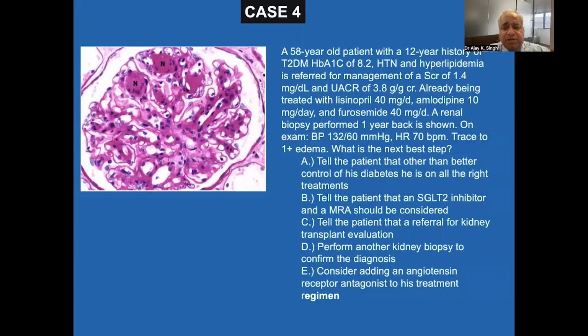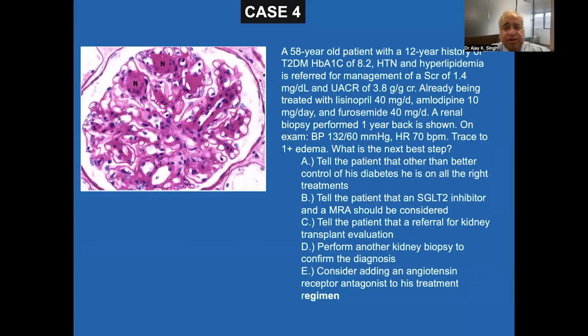A renal biopsy was performed a year back, and that's shown on the left-hand side here. On examination, the blood pressure is 132/60, heart rate 70, and on physical examination, there's a trace to 1+ lower extremity edema. And the question here is, what is the next best step?